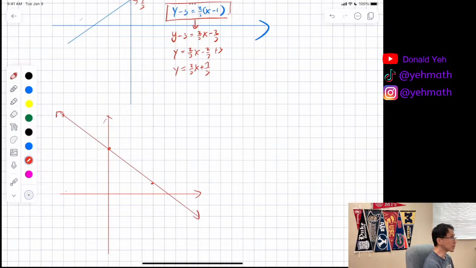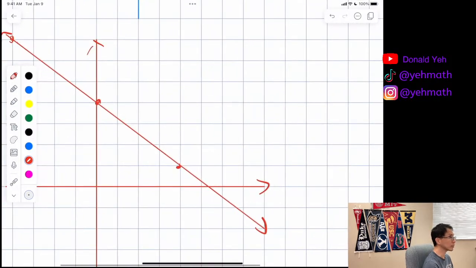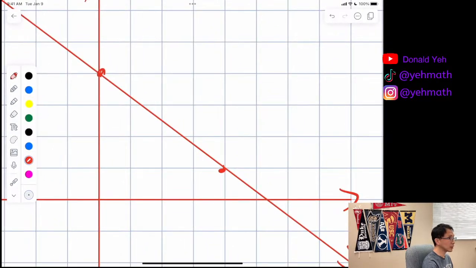Katie, what's the equation of this one? Negative 3/4 slope, good.